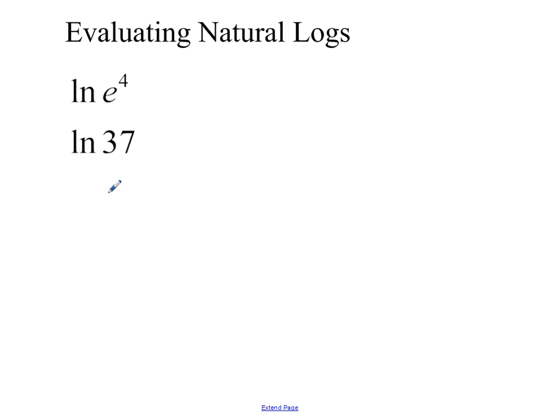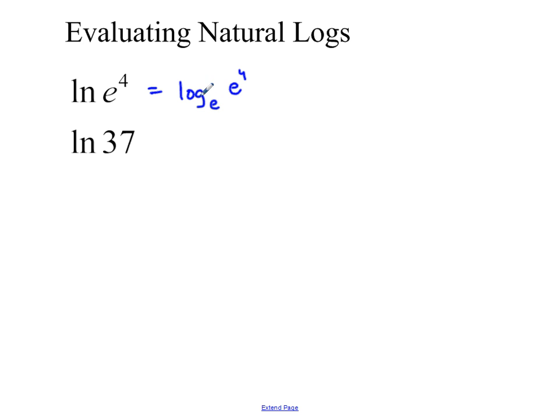And finally, evaluating natural logs. Anytime you see this natural log, I encourage you to express it this way. Log with the base of e to the fourth. Okay, so it needs to be a base, log base of e to the fourth. Right?